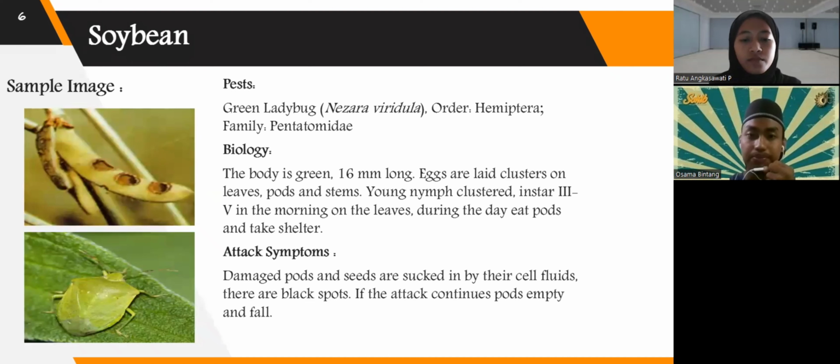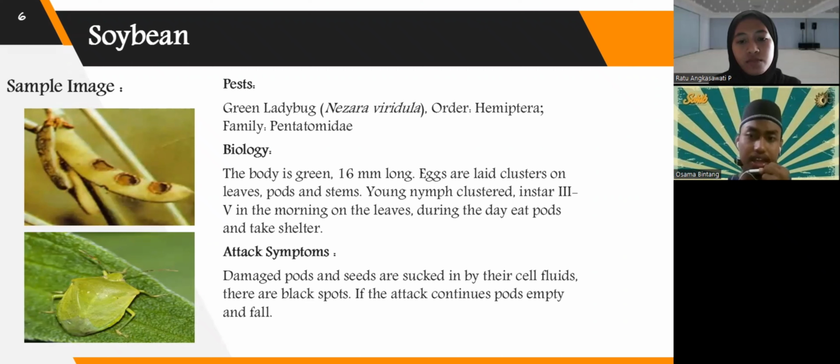order Hemiptera, family Pentatomidae. The biology: the body is green. They have 16 millimeter long eggs, laid in clusters on leaves, pods, and stems. Young nymphs cluster in the morning on the leaves.